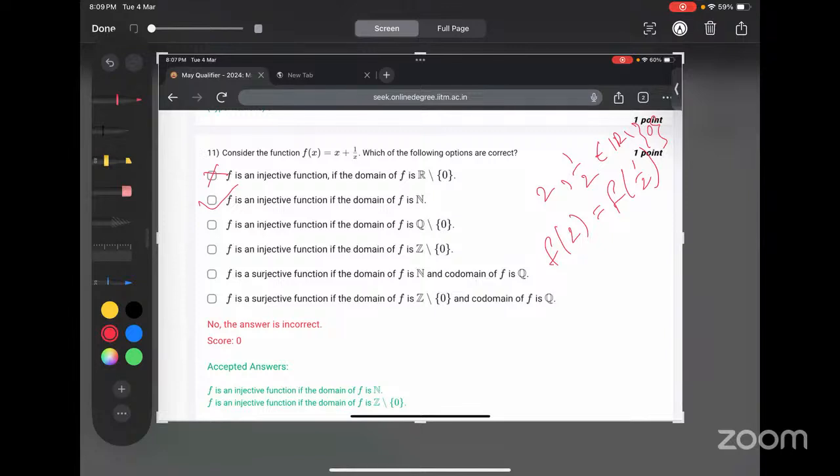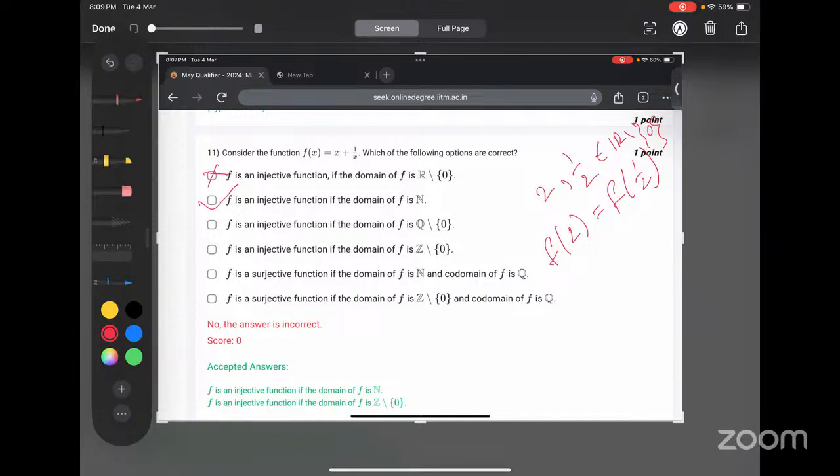If we are restricting the domain, that means we are excluding the points in the form 1 by n, where n is some natural number, right? So if the domain is natural numbers, then the function will be injective.